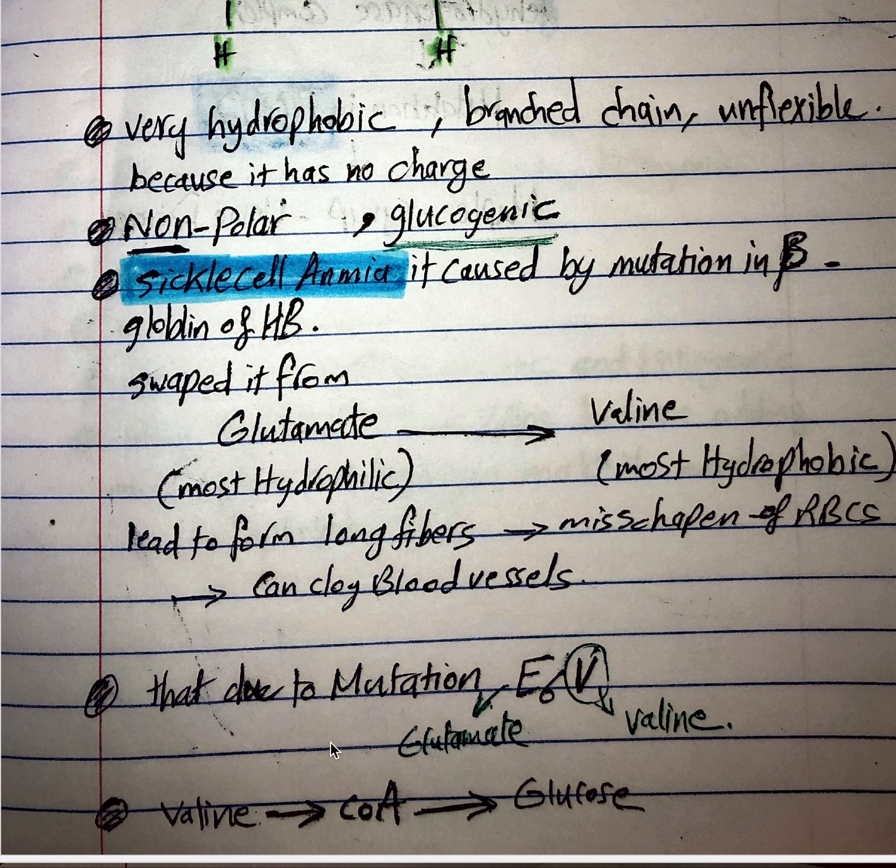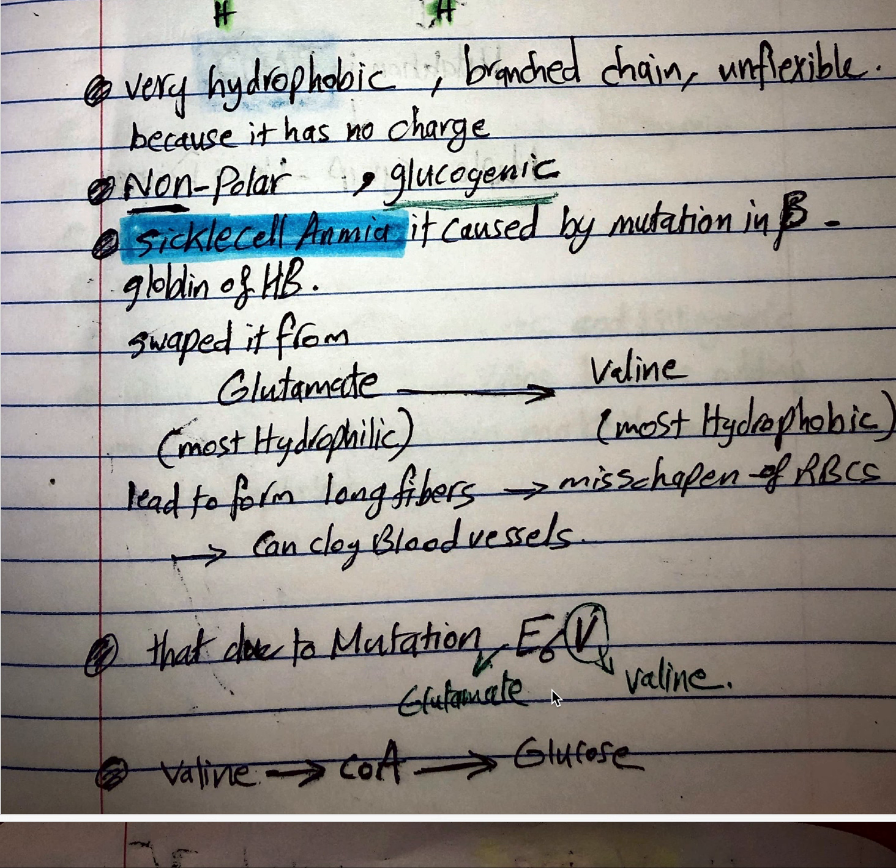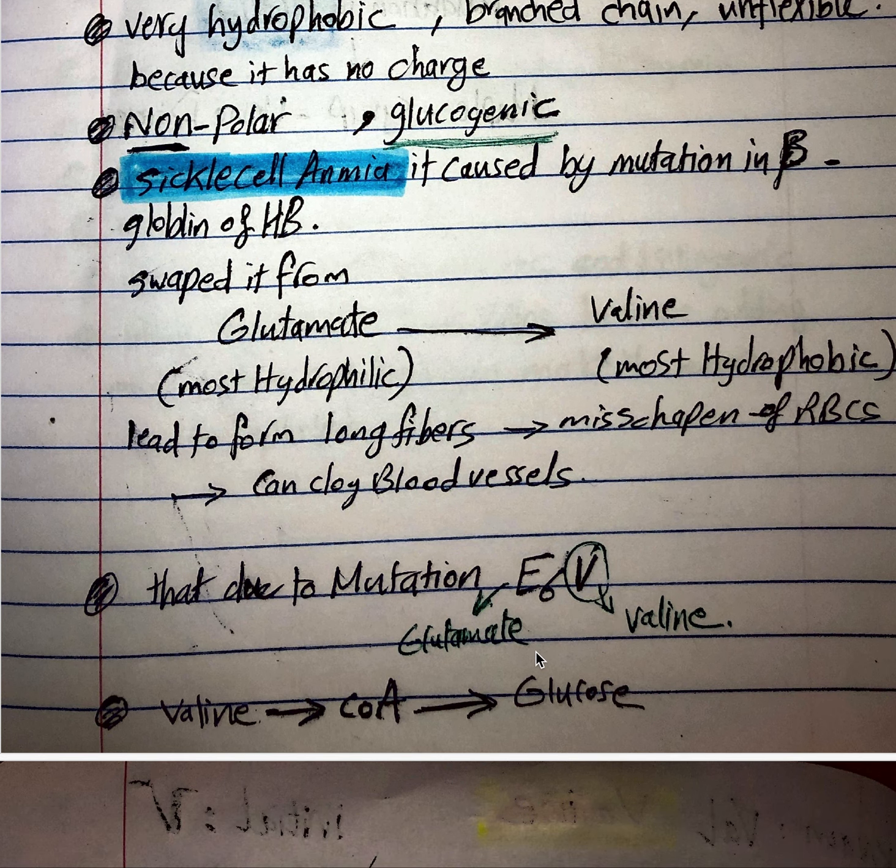That sickle cell anemia is due to the mutation E6V, related to position 6. I just mentioned what is special about valine so we can memorize it: it is changed from glutamate to valine at position 6.